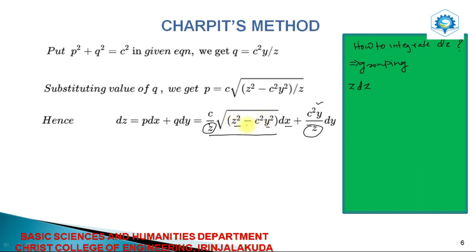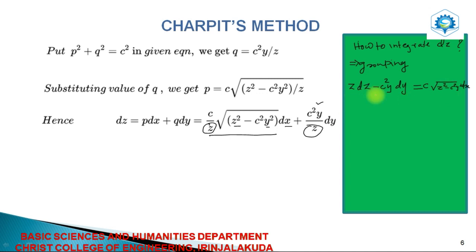So in order to integrate this one, we have to group z and y. So we will take z and y together. We will take this y term to the left side, c square y dy equal to, here we have c into square root of z square minus c square y square dx.